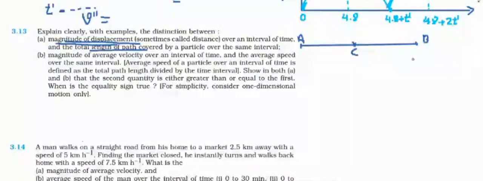Magnitude of displacement is equal to distance or less than distance. I repeat, magnitude of displacement is equal to distance or less than distance in straight line motion.